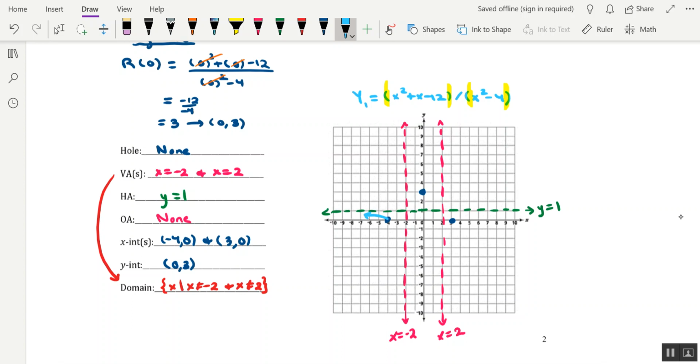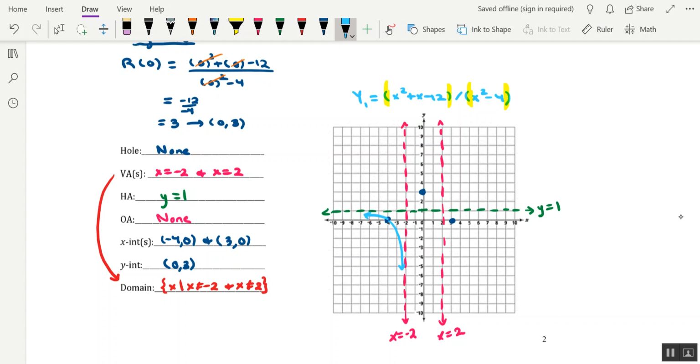Whereas if you were to go to the right of this x-intercept, the graph would be bending its way towards the vertical asymptote while getting closer and closer to it, but never crossing or touching it. Remember, you can never have your graph crossing or touching a vertical asymptote.